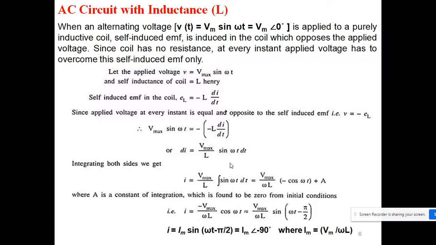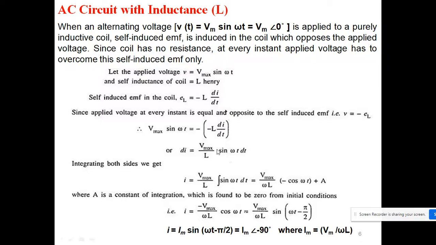This coil has self inductance, and due to this we have a self-induced EMF in this coil, which opposes the applied voltage according to Lenz's law. Since the coil has no resistance, at every instant the applied voltage has to overcome this self-induced EMF only. Is it clear?